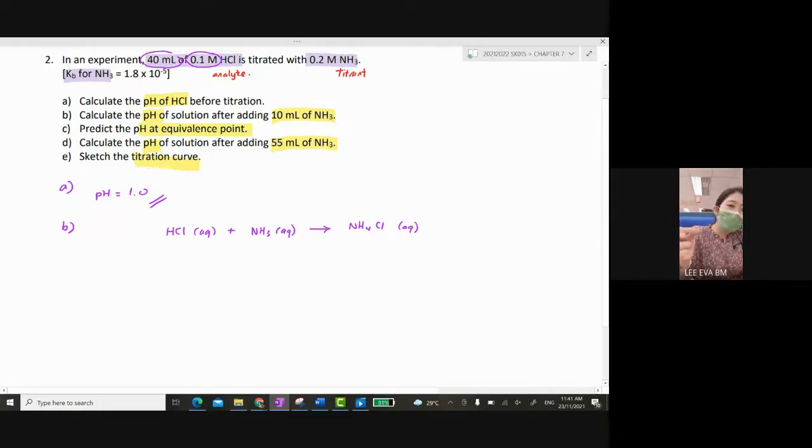So after adding NH3, the total volume changes. That means you need to figure out the initial number of mole, final number of mole, and then the final concentration before calculating the pH value. So let's do this one. Initial mole, change in mole, and final number of mole. Then we add one more row, final concentration.